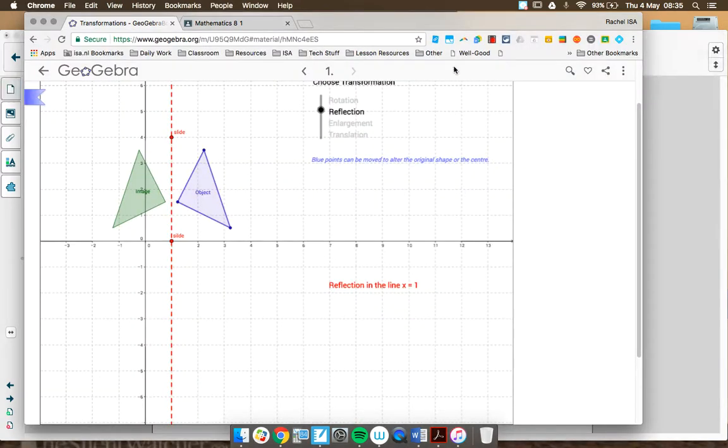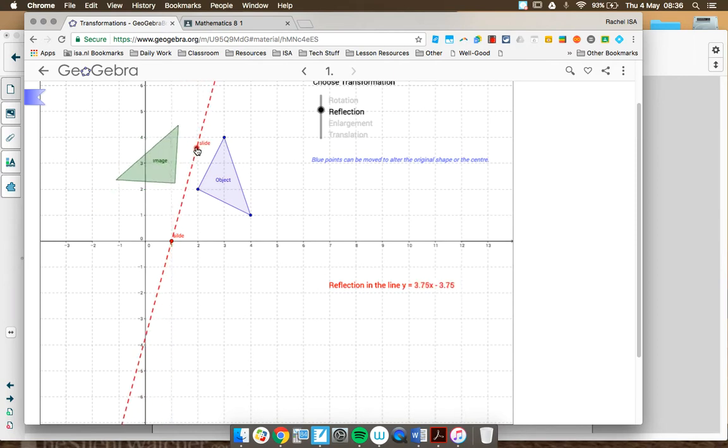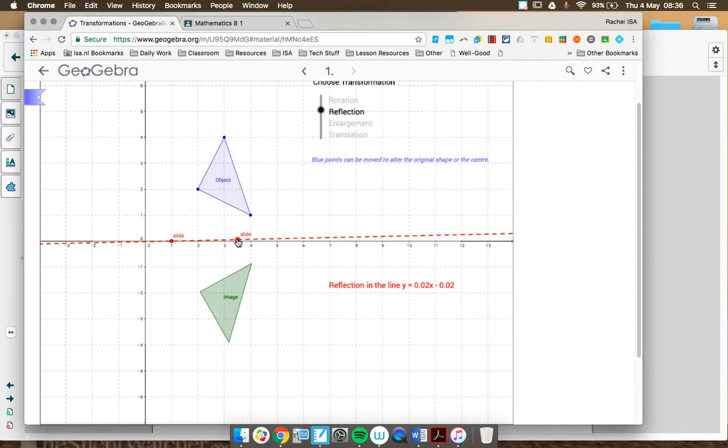So we learned about different lines. So the name of this line would be x equals 1. Right? So we see this line at x equals 1. So this is a reflection over the line x equals 1. Yeah, see a reflection over the line x equals 1. So of course you can change this line too. We could turn the line, right, so that it goes this way.